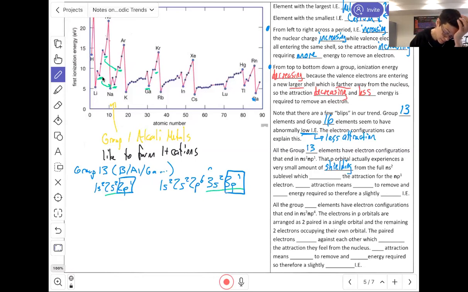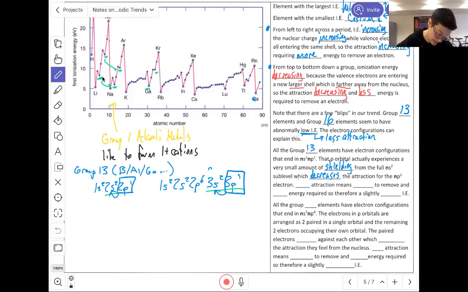So we have some shielding from this guy. That full s2 acts like an extra little piece of cotton around the nucleus, providing some buffering. So that shielding is going to slightly decrease the attraction.